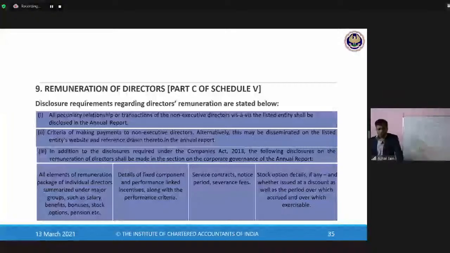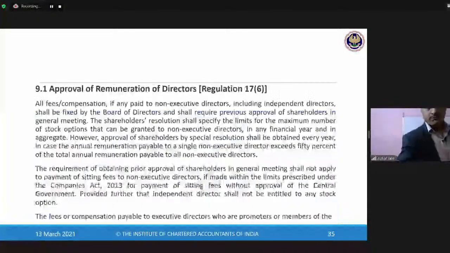Service contracts, notice period, severance fees, stock option details. So it's about the complete breakup and complete disclosure of the compensation of the directors, which is disclosed in the annual report.